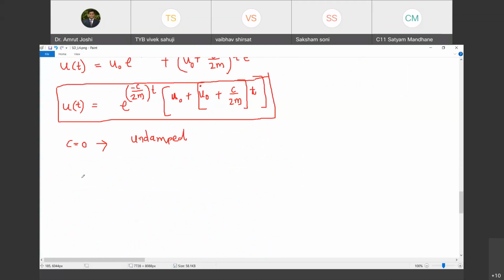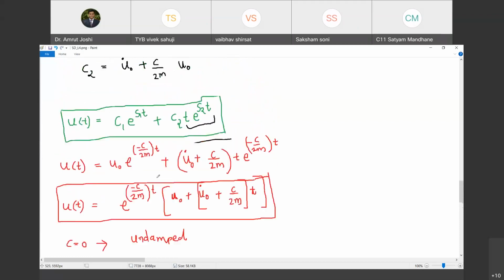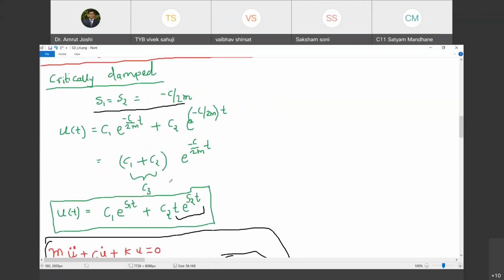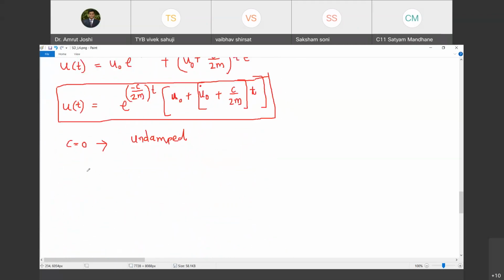Now, if I substitute the value of c equal to 0 here, I should get the previous result. Do you agree with me? Yes, sir. So let me substitute the value of c as 0 here. What is going to happen?